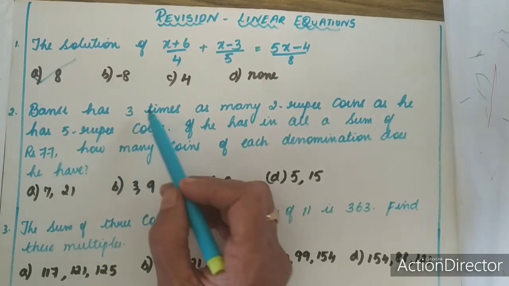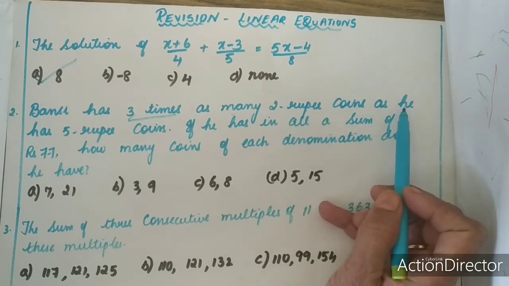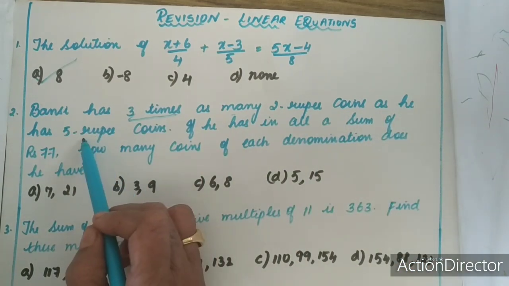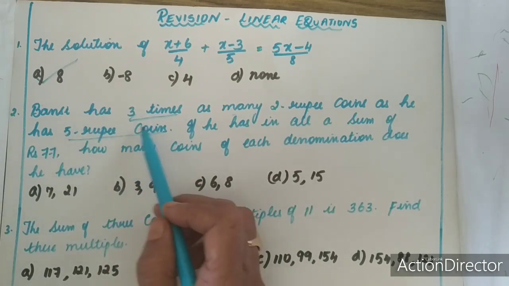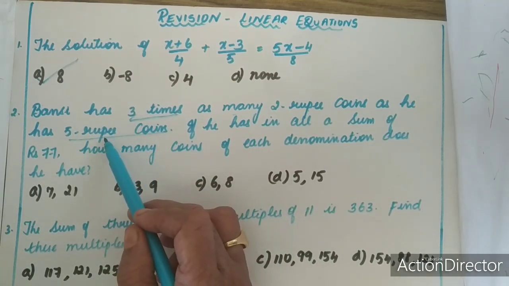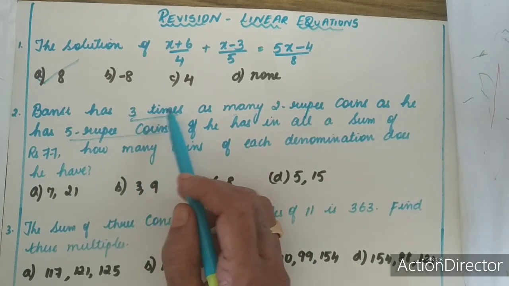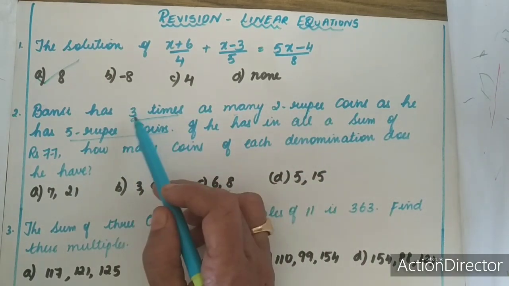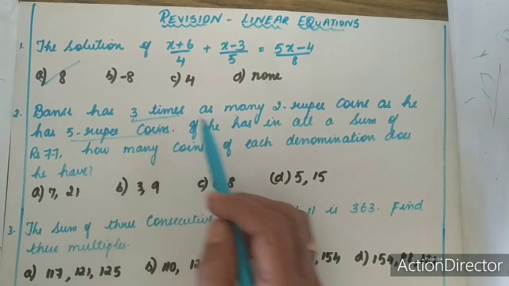Bansi has 3 times as many 2 rupee coins as he has 5 rupee coins. That means let us take the number of 5 rupee coins as x, and the number of 2 rupee coins will be equal to 3x, because it is given here as 3 times.